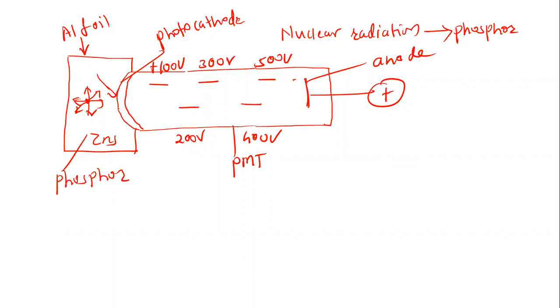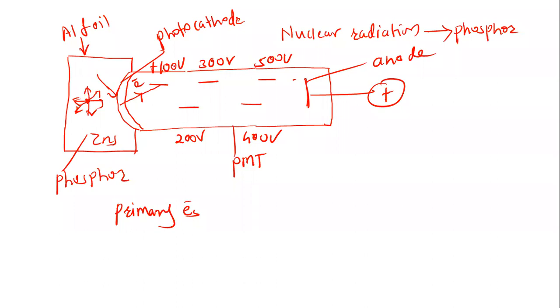So what happens first here? The scintillations produced by the phosphor due to the nuclear radiations strike onto this photocathode, and from the photocathode the electrons are ejected. You can call these the primary electrons, because these electrons are produced by the scintillations which strike the photocathode.